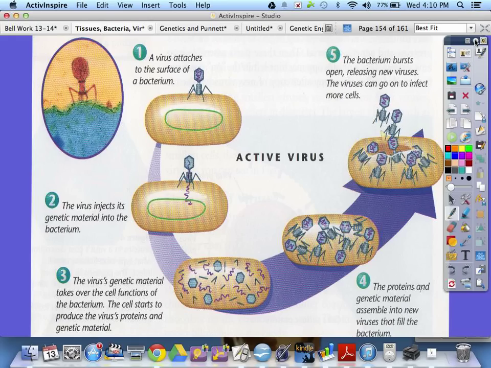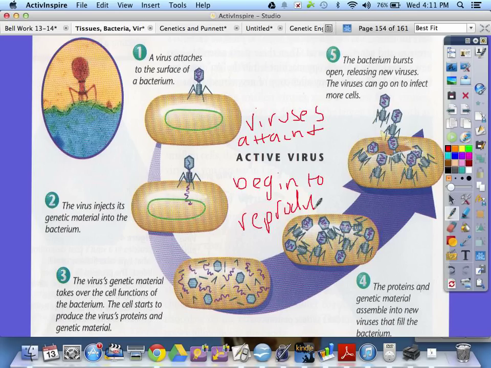Active reproduction is whenever, this is the definition for it, whenever viruses attach and immediately begin to reproduce. When the virus attaches and begins to reproduce right that instant, that is active reproduction.